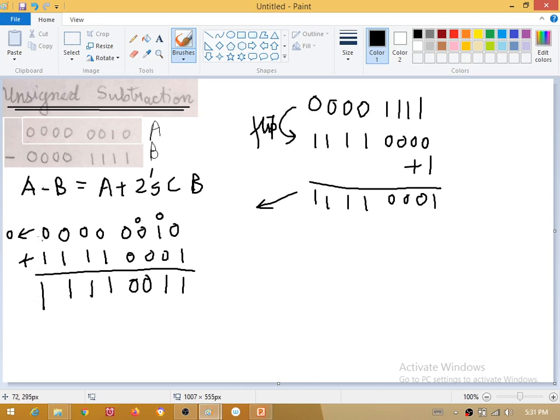Whenever you are adding two numbers here, we are adding these numbers because a minus b is equal to a plus 2's complement of b. Now in this process, if the carry turns out to be a 0, then we need to take the 2's complement of the answer.